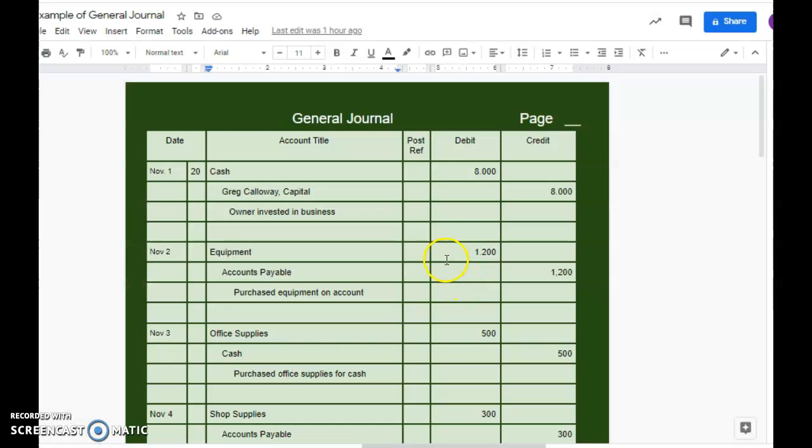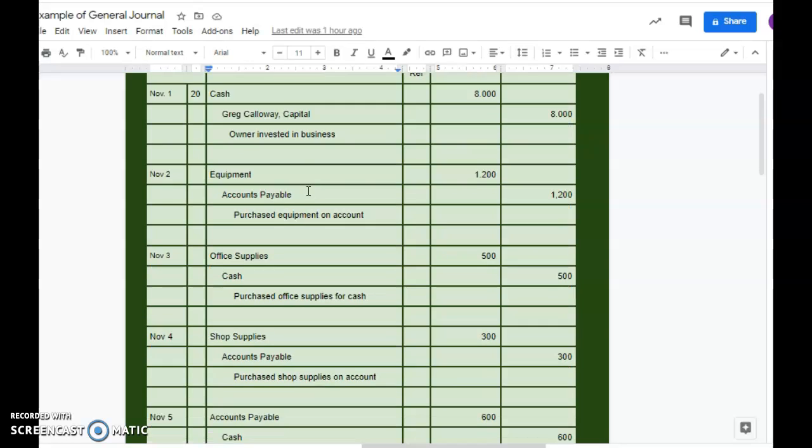So again, to review and to look over this, I've gone to the full sheet of the General Journal. The date, account title, debit, and credit. And remember, if we debited in the T account, it's going to be a debit in the General Journal. We talked about cash. The owner invested in business, so we debited cash. We credited capital. The next transaction, we purchased equipment on account, so we debited equipment.